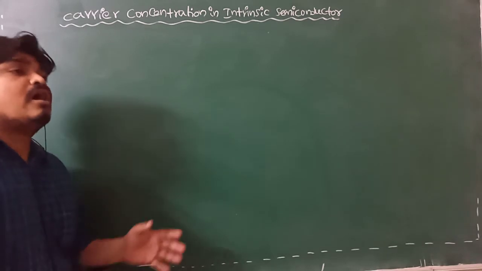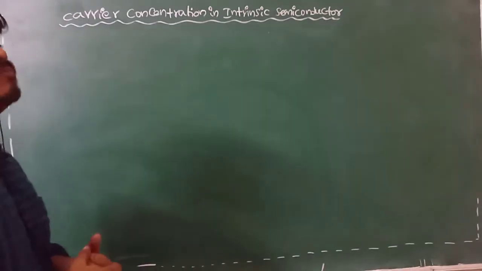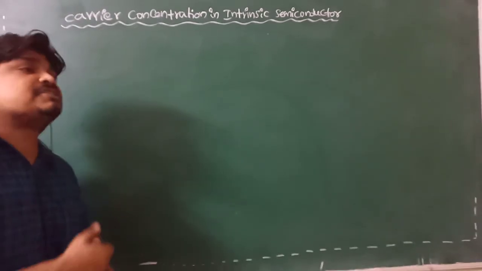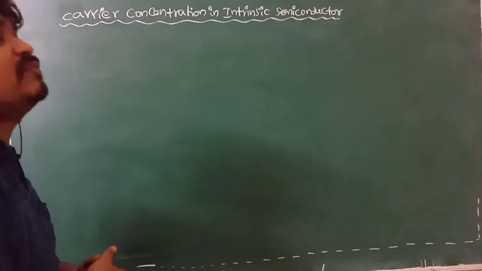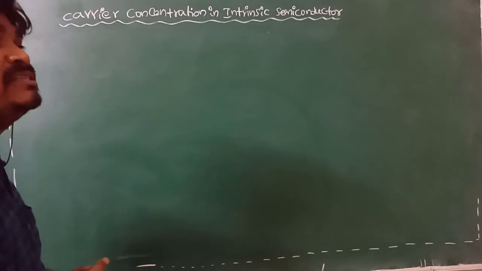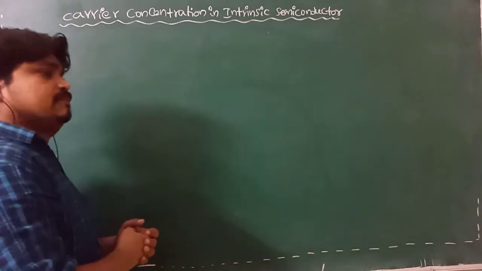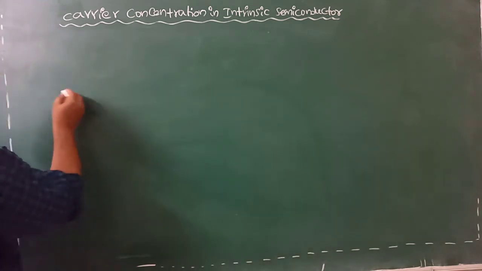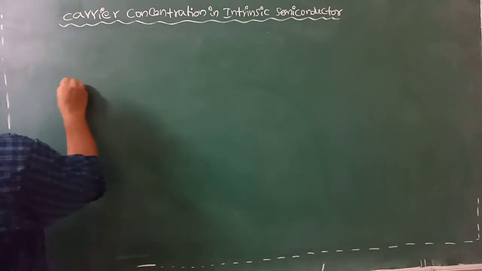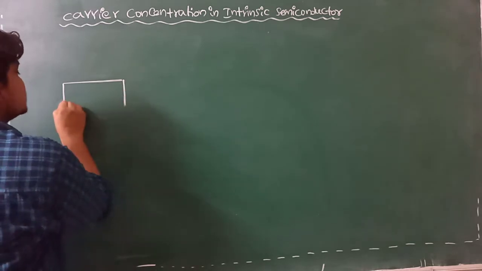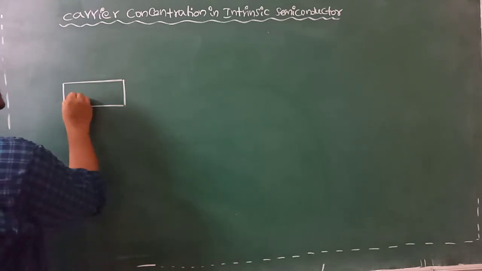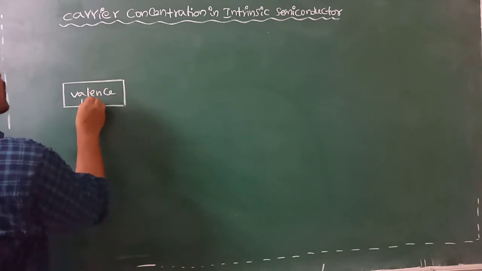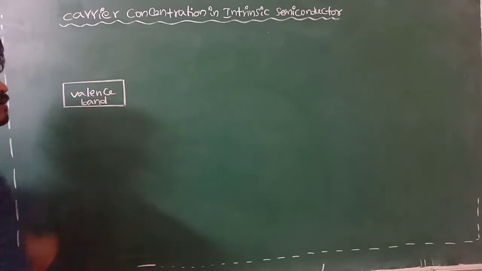When a group of atoms are combined together, instead of isolated energy levels, a band of energy levels is formed. A band of energy levels which is completely filled is called the valency band.